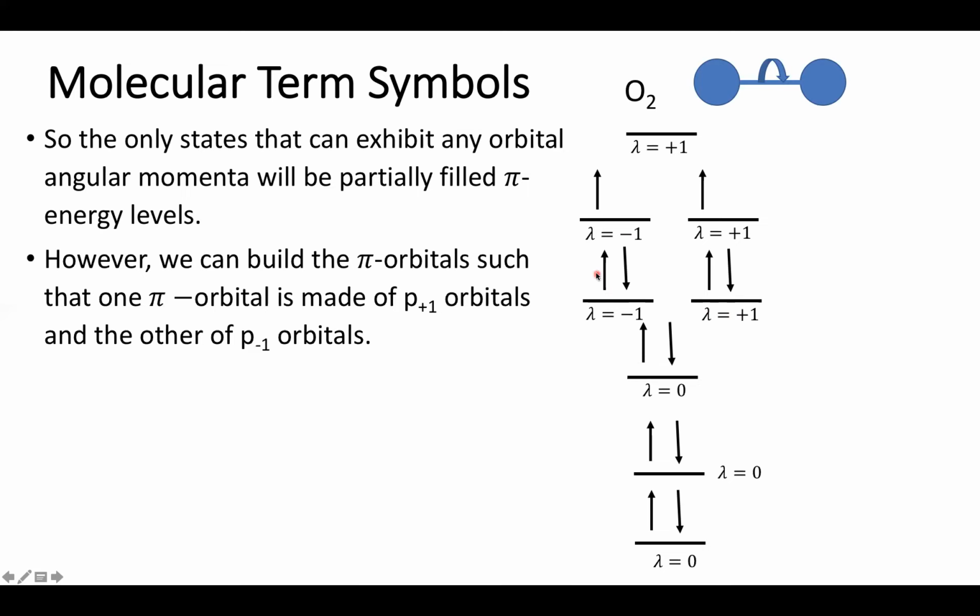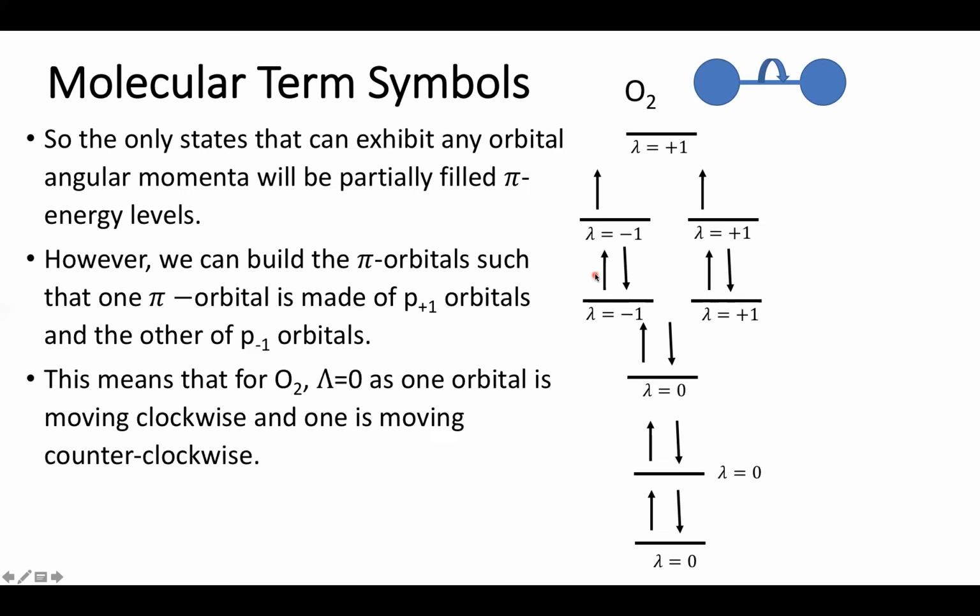So let's say I've got something like O2. I'm going to have 3 electrons moving with +1 and 3 electrons moving with -1, which means that, again, despite the fact that I have a partially filled pi set, I'm still going to have no net orbital angular momenta.